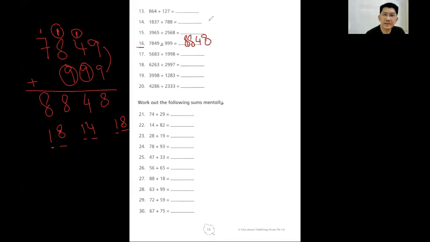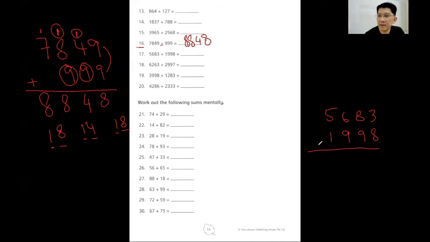All right, now I'll try to do number 17 on the right hand side. That's my working place. So number 17 is 5,683 plus 1,998.